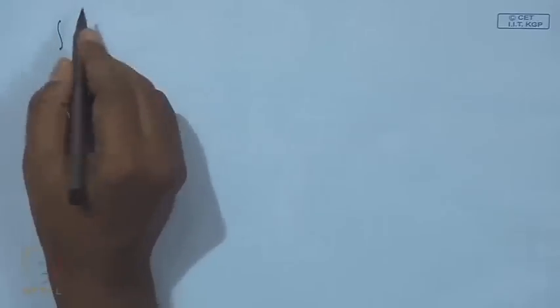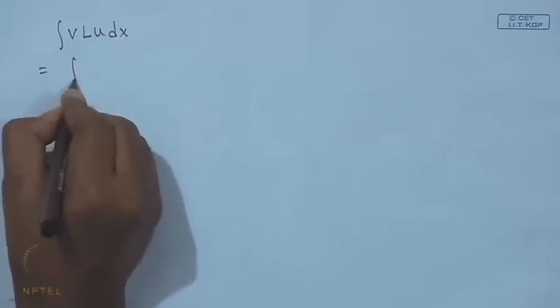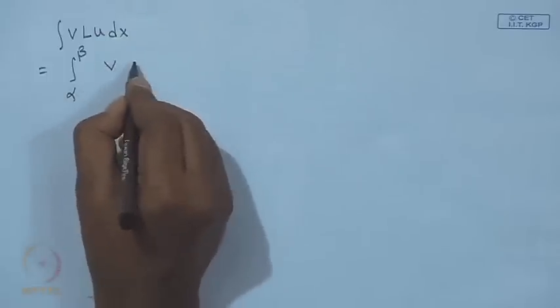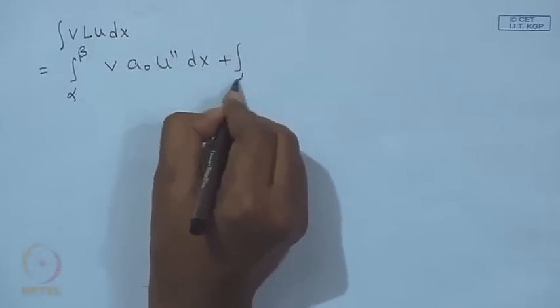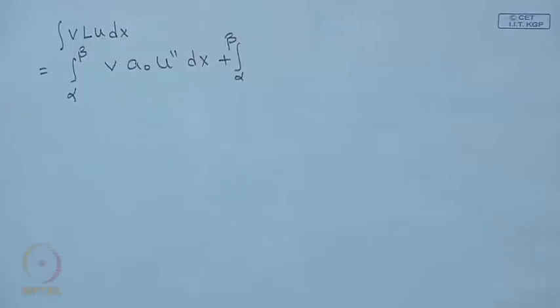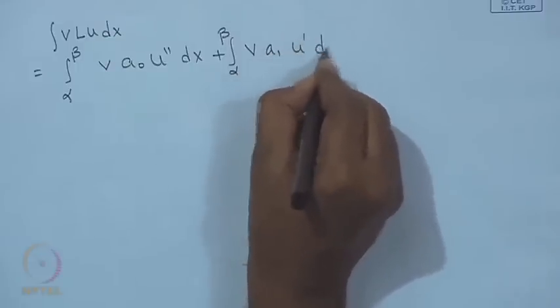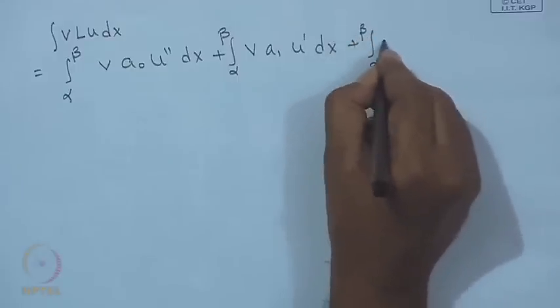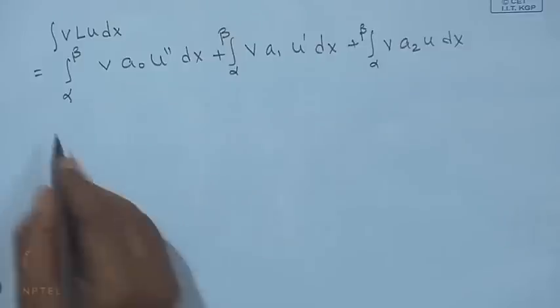So, the integral of v Lu dx is equal to the integral from alpha to beta of v a0 u'' dx, plus the integral from alpha to beta of v a1 u' dx, plus the integral of v a2 u dx.